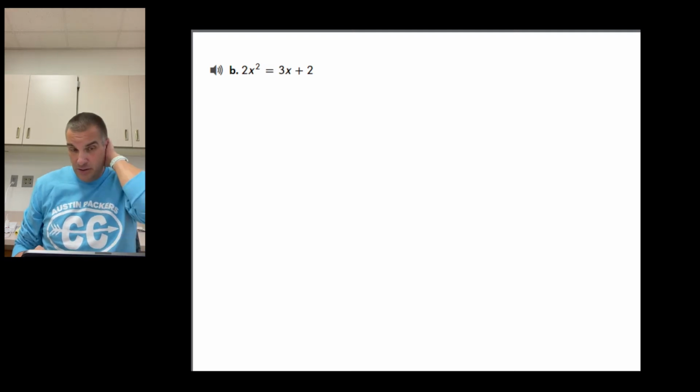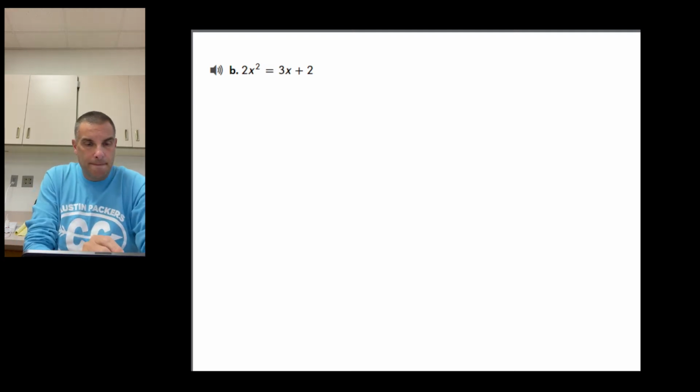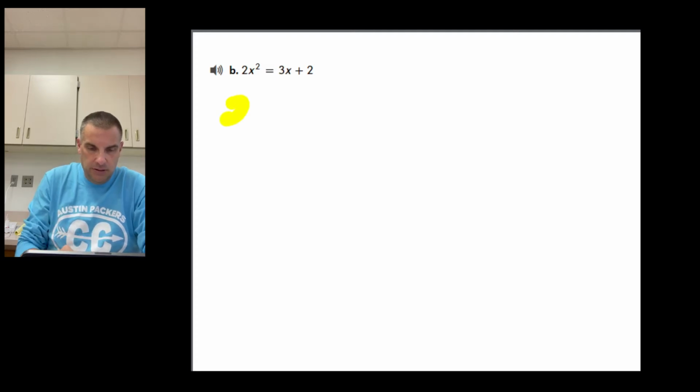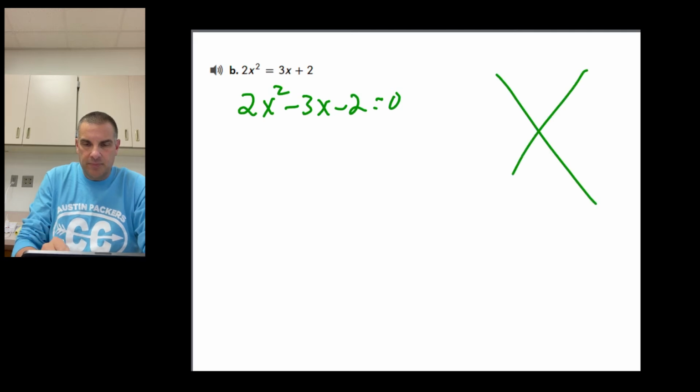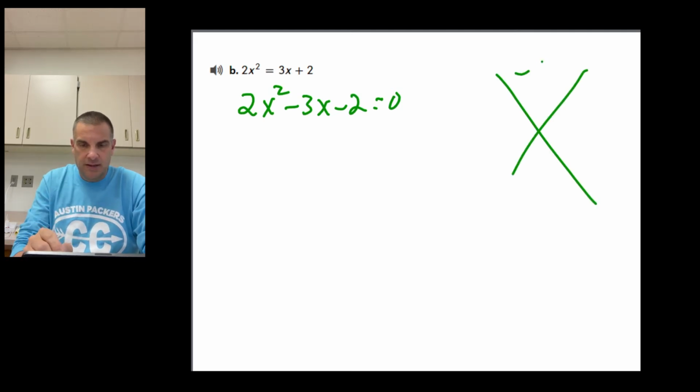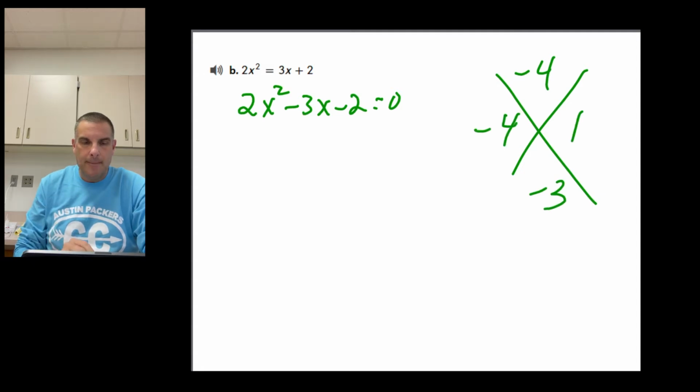Okay, so we've got 2x squared minus 3x minus 2 equals 0. Rewrite it without a highlighter, probably. That would help. X method, got -4 and 1.